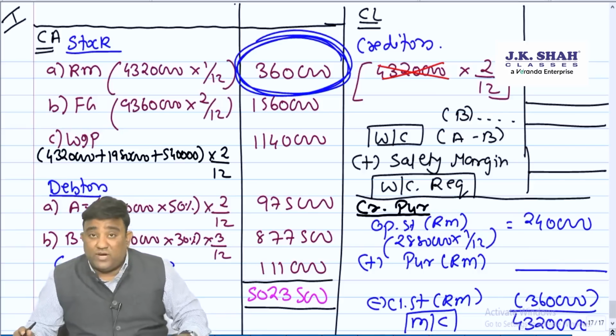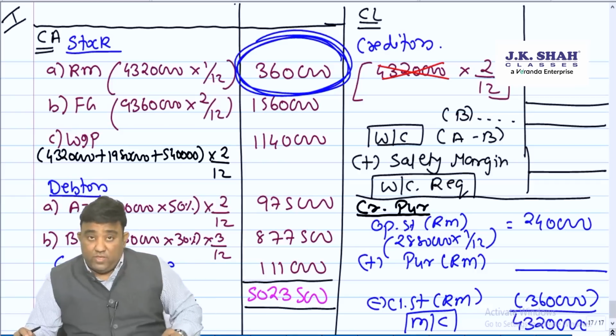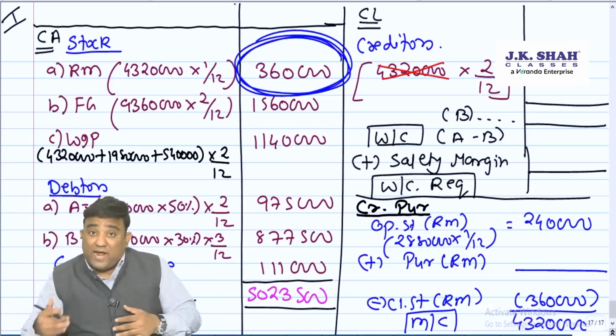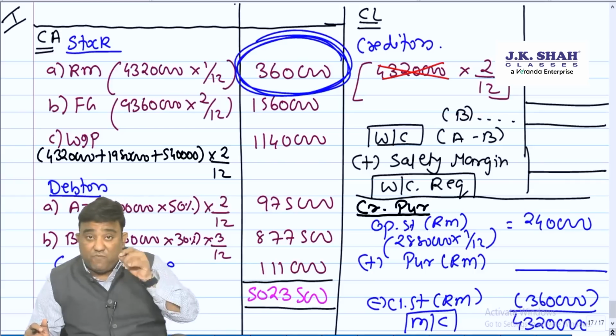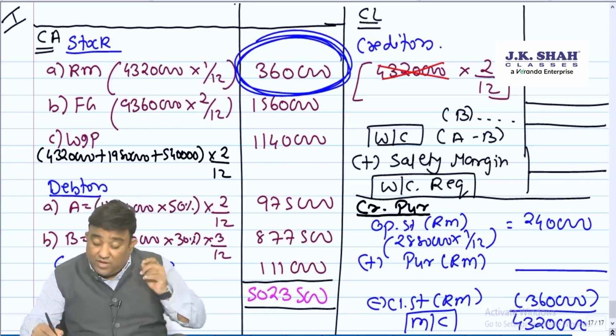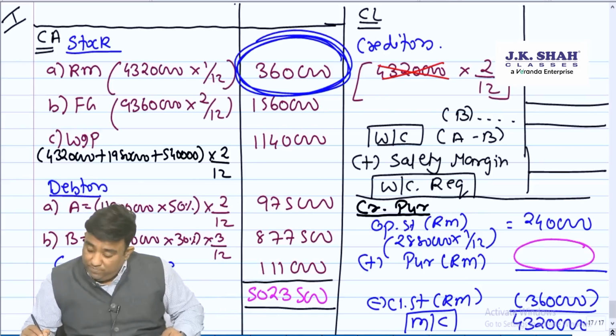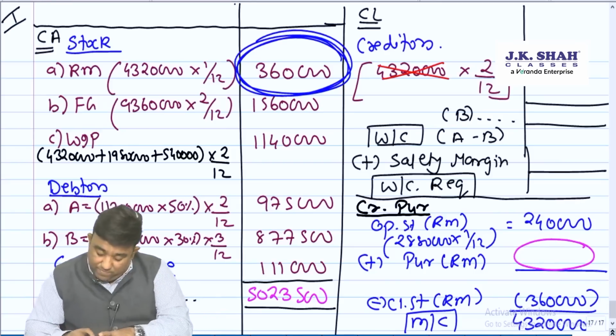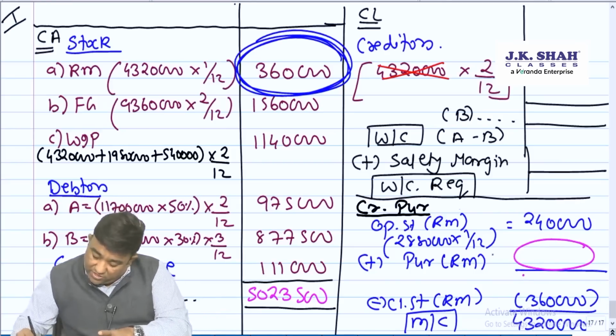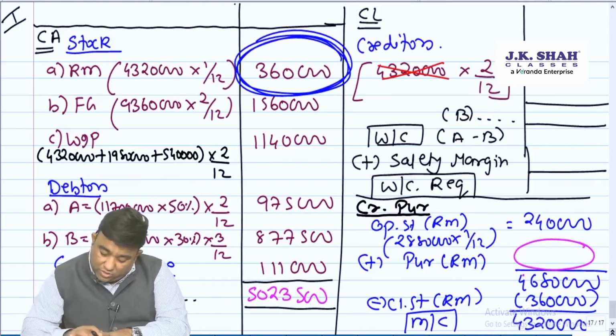I think, student, there is a spark in your mind. If this point could not have been in practice, it is very difficult for a routine student to get the strike in your exam that consumption needs to be different from the purchase in this example. So 4320 plus 360, that gives you 46 lakh 80,000 minus opening stock is 240.